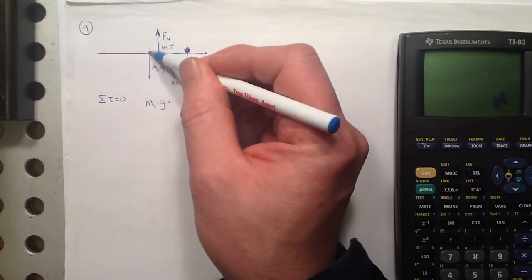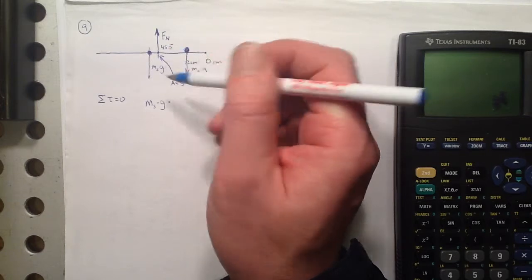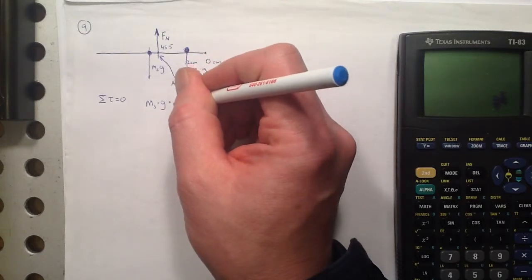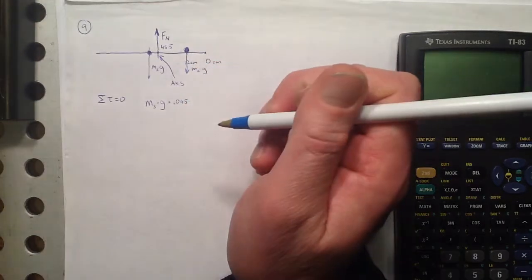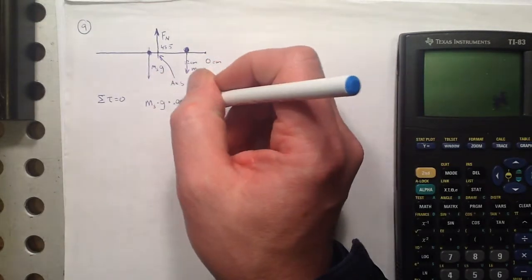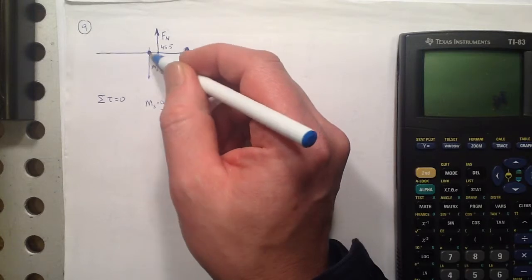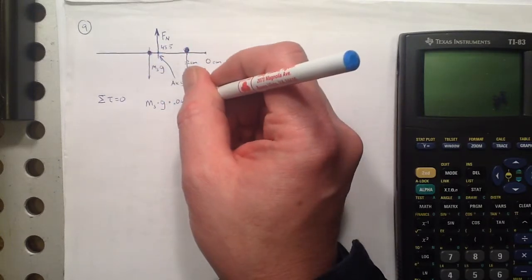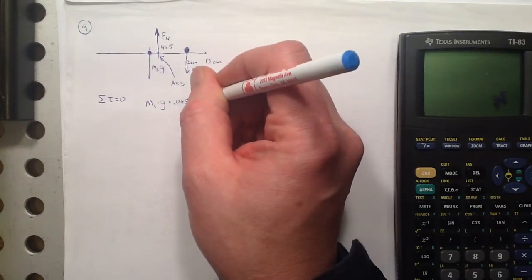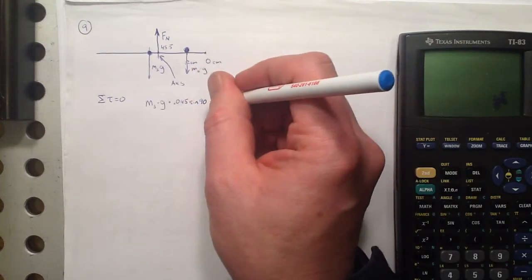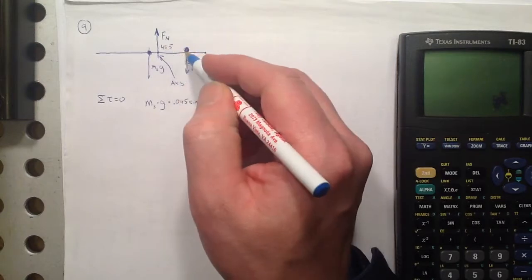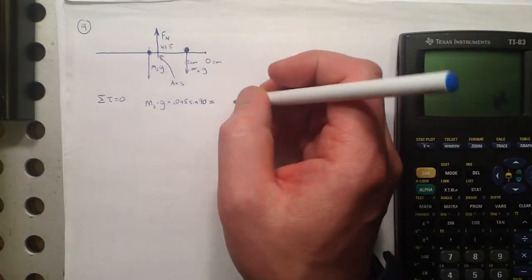This is at the 50 centimeter mark, and this is at the 45.5. So that would be times 0.045 meters. Force times radius, and it is acting perpendicular, so the sine, I'll write it out here, but it's going to be 1, right? Sine of 90 degrees. That torque would have to be equal to this torque, which is torquing the other way.